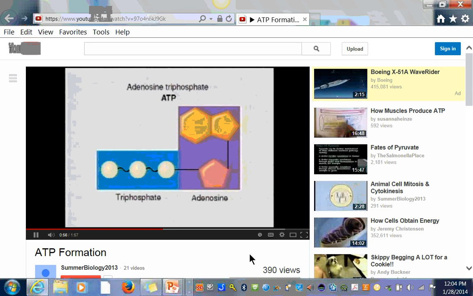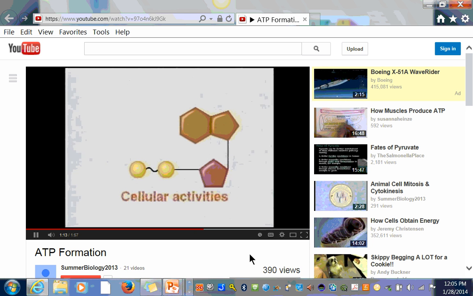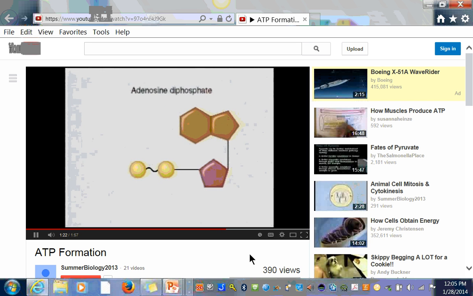Notice the wavy lines between the 2 outer phosphates. The wavy lines represent high-energy bonds. Breaking the first high-energy bond in ATP releases energy and a free phosphate. This energy is used to power cellular activities. Adenosine, with only 2 attached phosphate groups, is called adenosine diphosphate, or ADP.